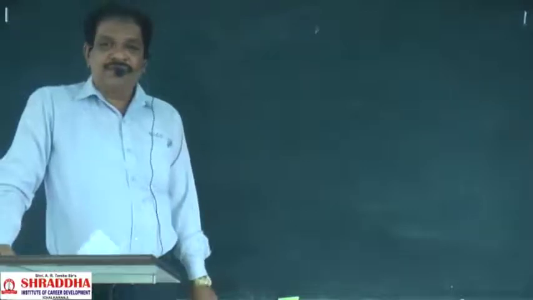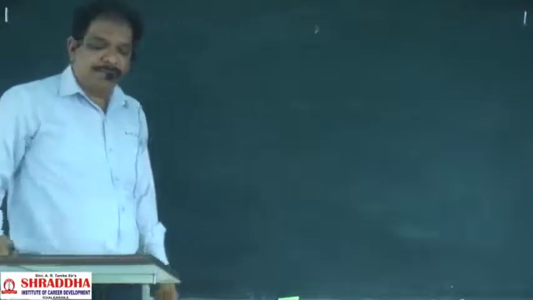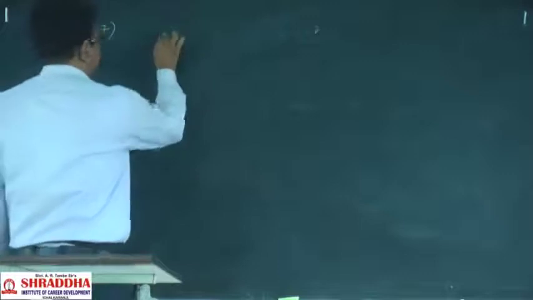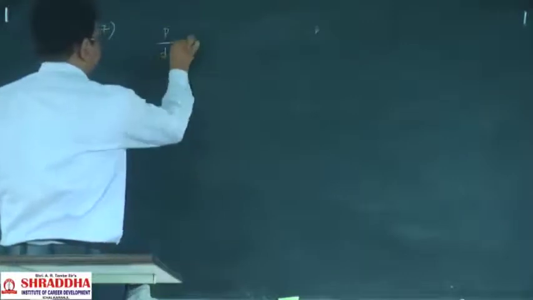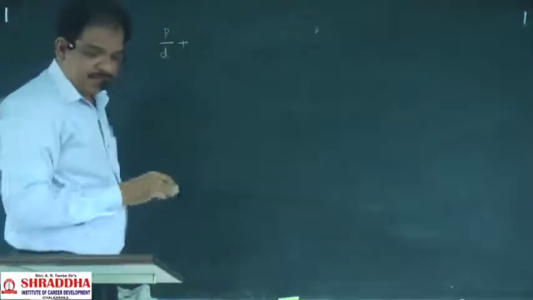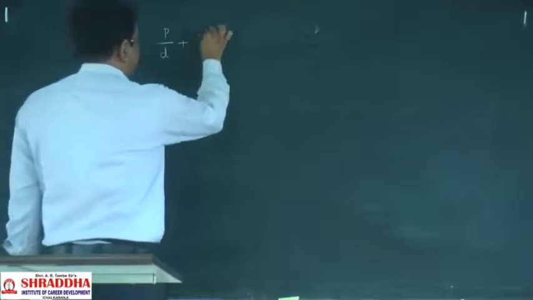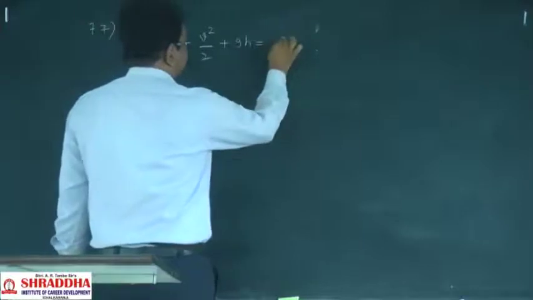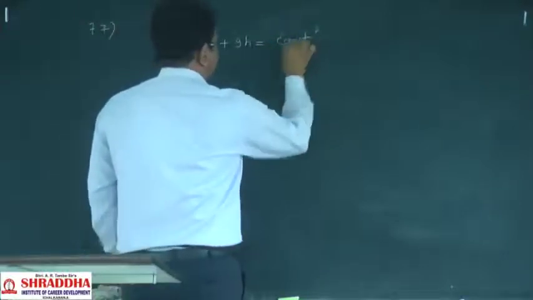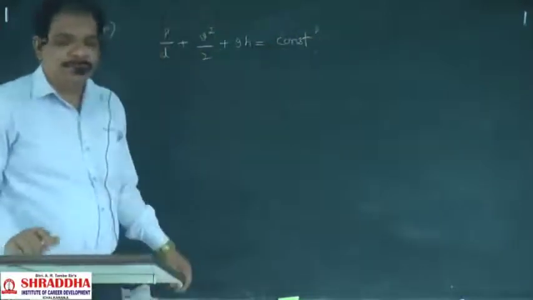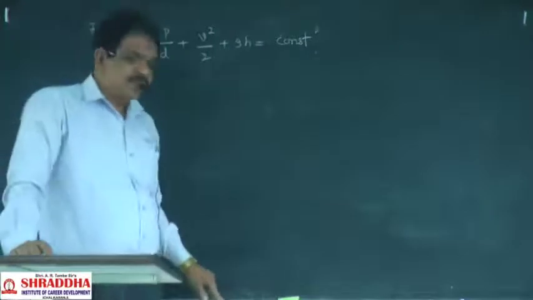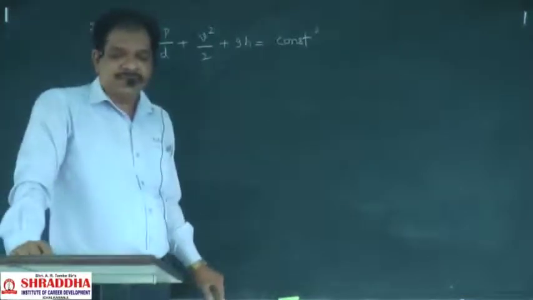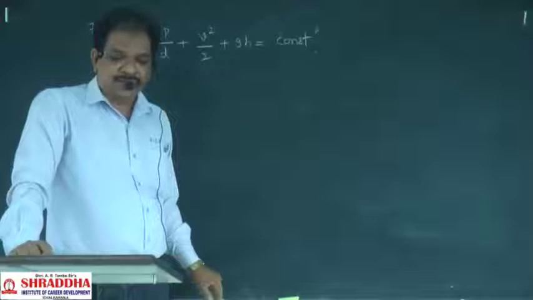According to Bernoulli's theorem, P by D plus V square by 2 plus GH is equal to constant.